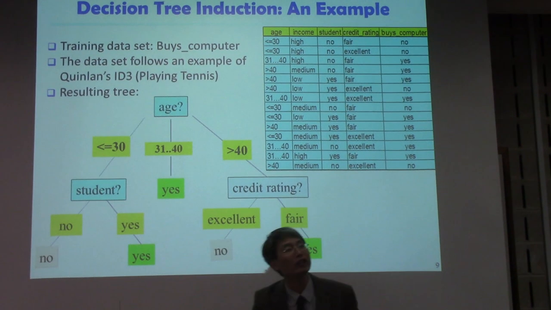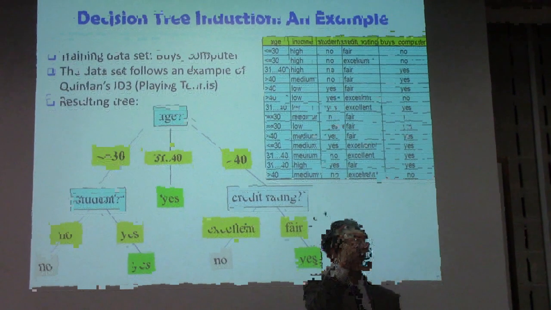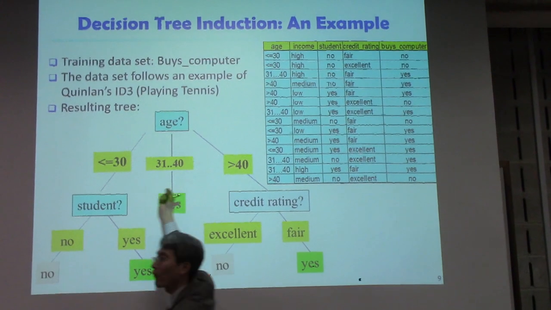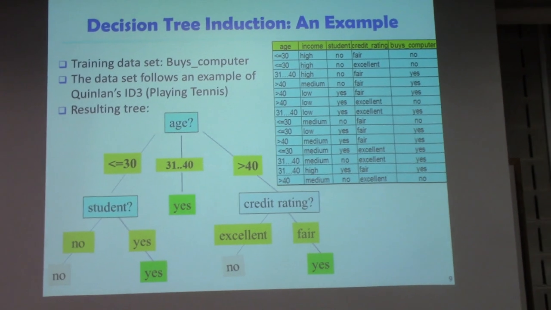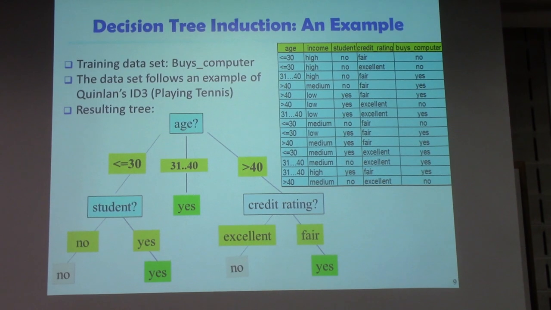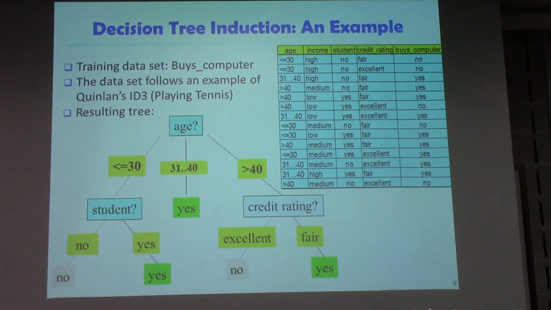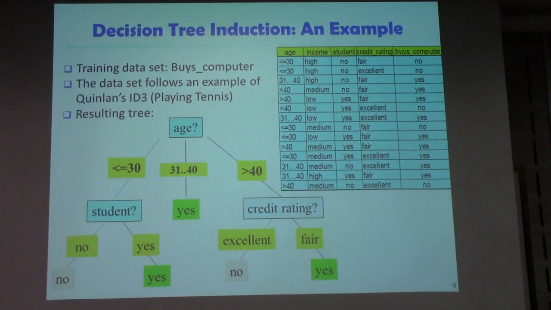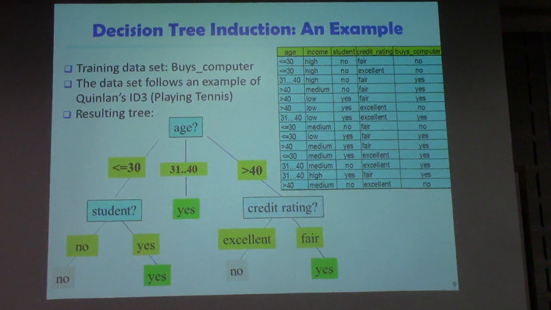That can increase the accuracy, right? So our goal is to find the attribute first that can classify the data into subclasses, where each subclass has data as pure as possible, not always, but just like this one.